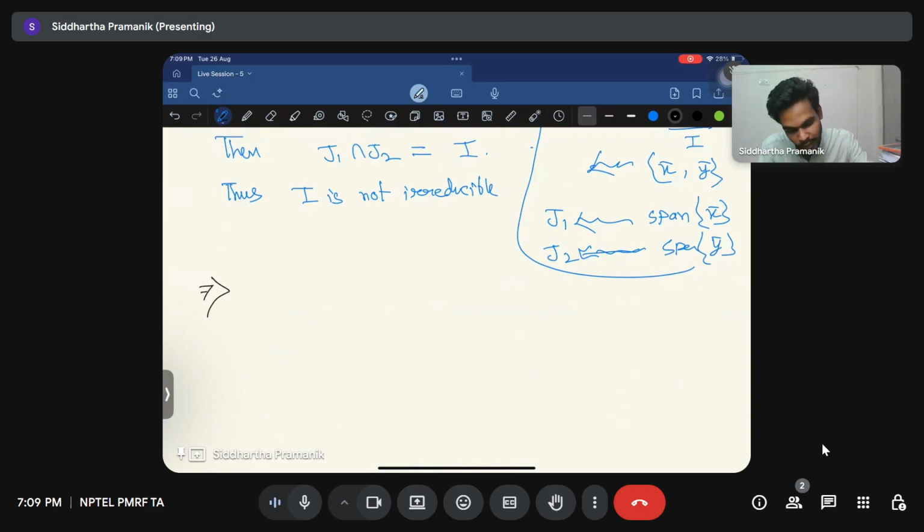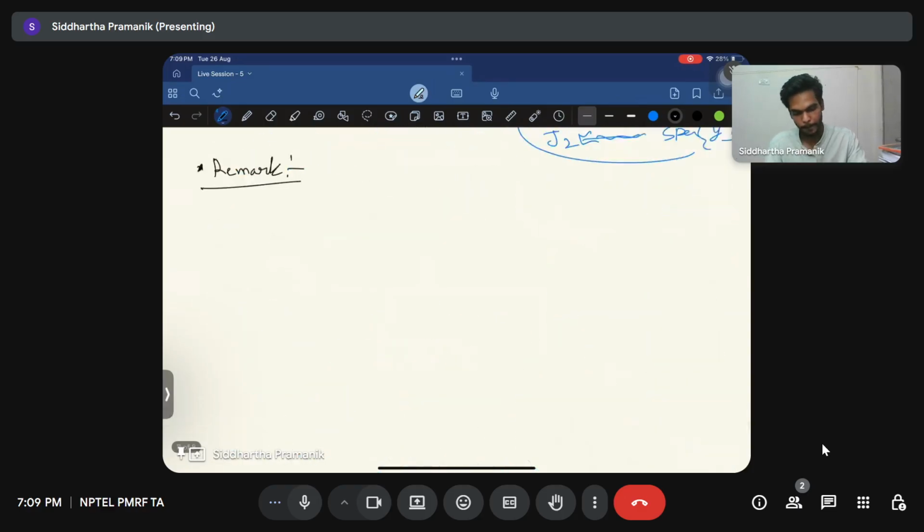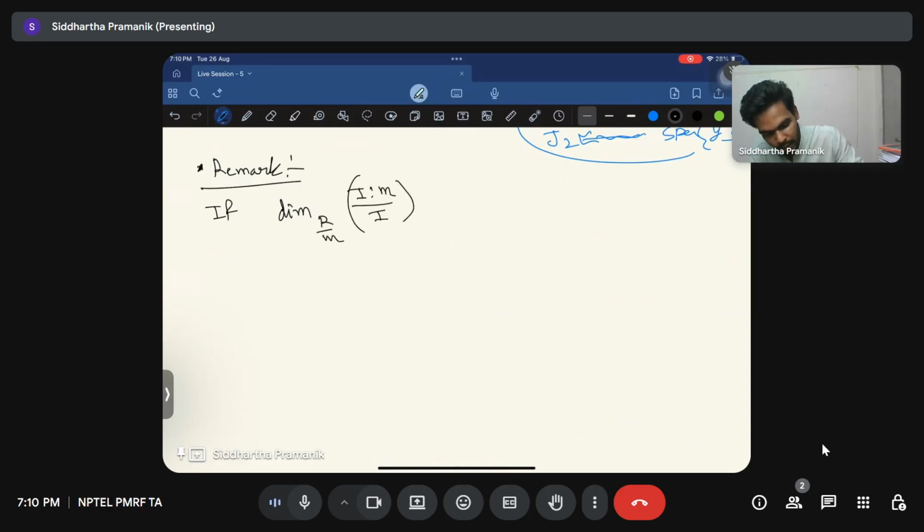One thing I want to mention before moving on. This is also a part of this problem, but I will not be doing it. What happens if the dimension is exactly equal to 1? If the dimension of this quotient over R mod m equals 1, then I has to be irreducible.